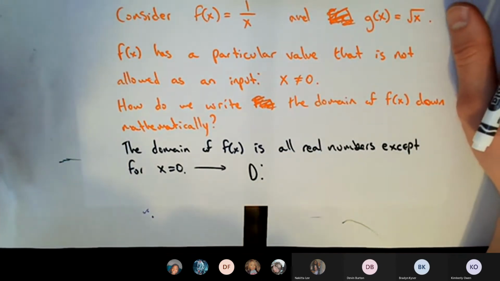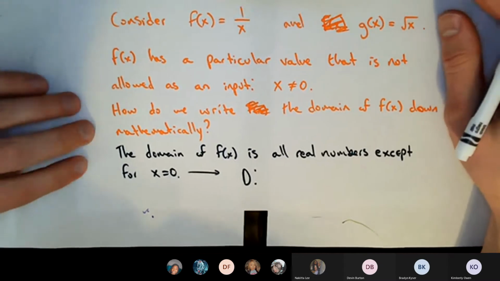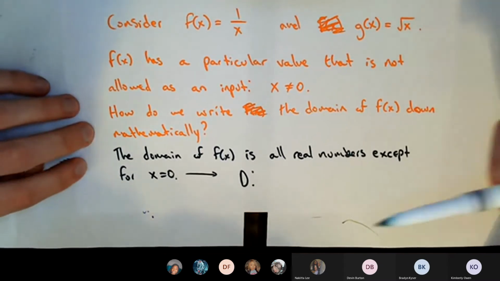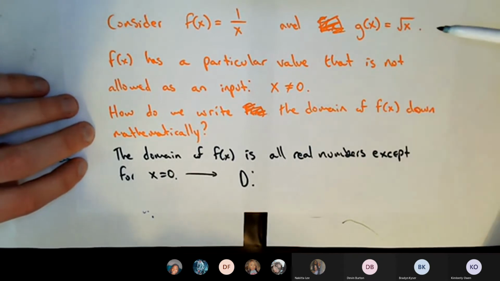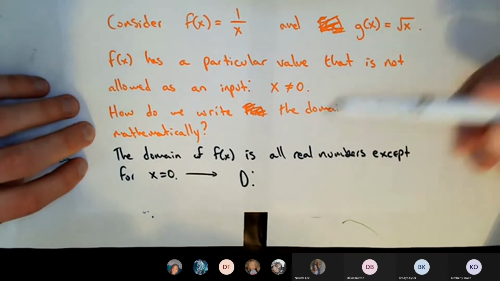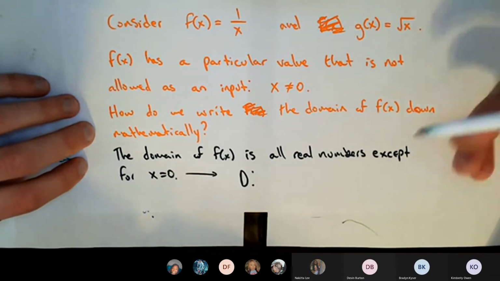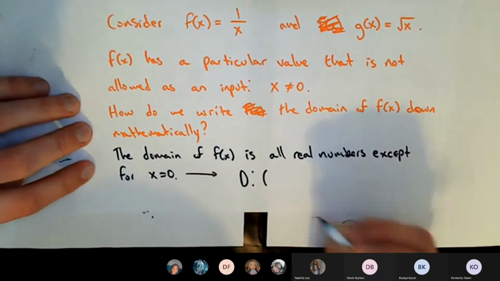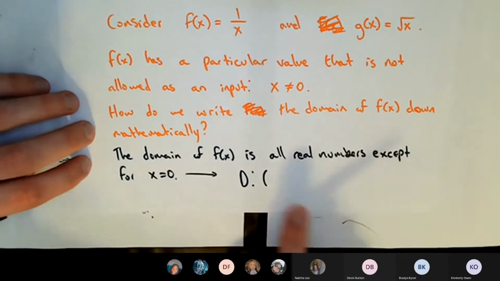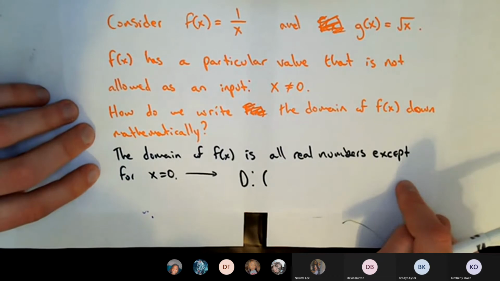We're probably going to have to go on a tangent about interval notation, and we will, but I want to get the domain down for f of x, and for square root of x, and then we'll go back and go on a little tangent about interval notation. So how would I notate this? Well, all real numbers would be negative infinity all the way up to positive infinity.